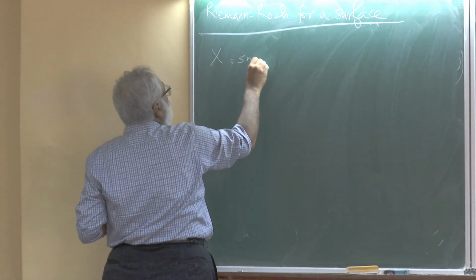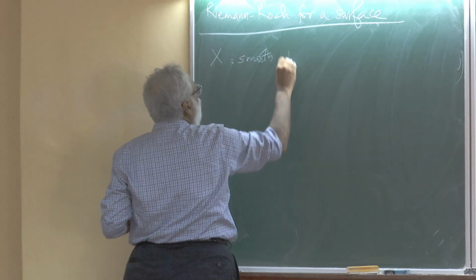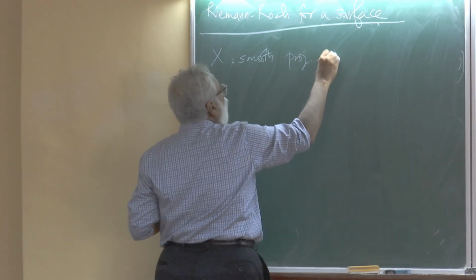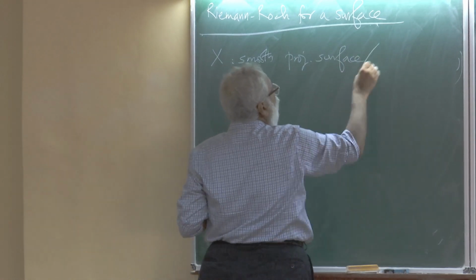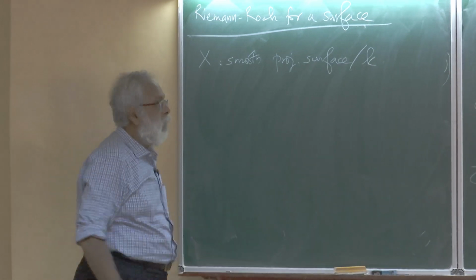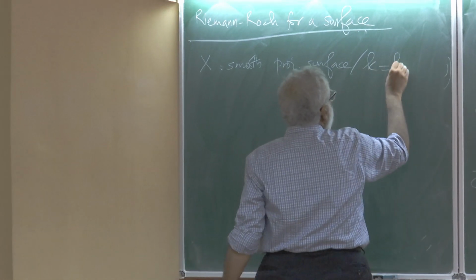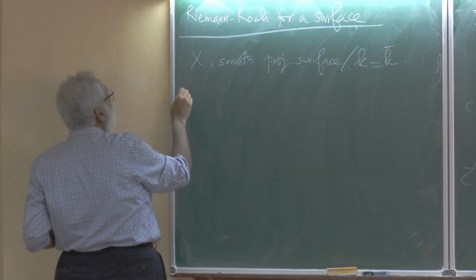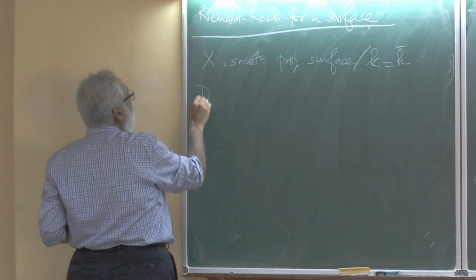X is a smooth projective surface, let me say. Okay, then let me assume K is algebraically closed for simplicity. Then I can talk about D, a divisor.